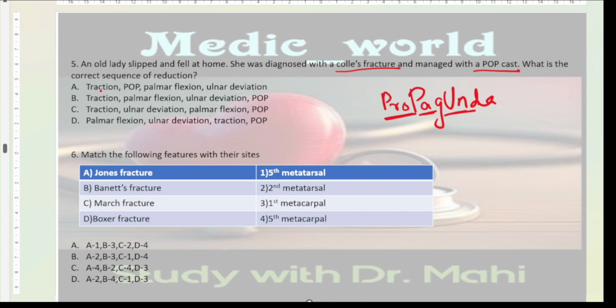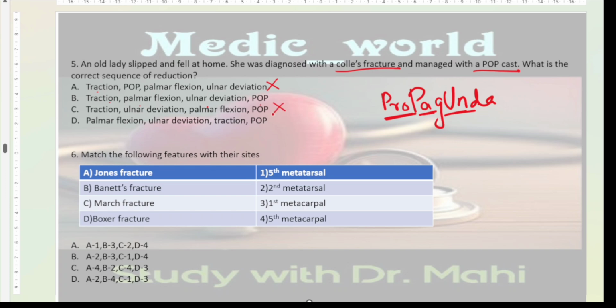So let's check the answers. Traction, yes, it is given. POP: at last we are applying the cast, right? So it is the wrong option. Traction, palmar flexion, ulnar deviation, and POP. This can be the answer. Let's check the other options. Traction, ulnar deviation, then palmar flexion. No, palmar flexion is first, and after that there is ulnar deviation.